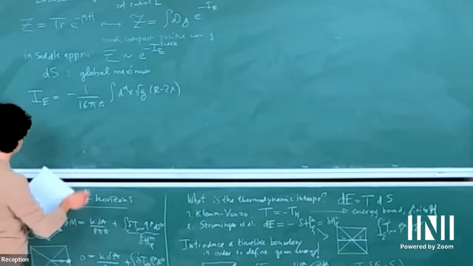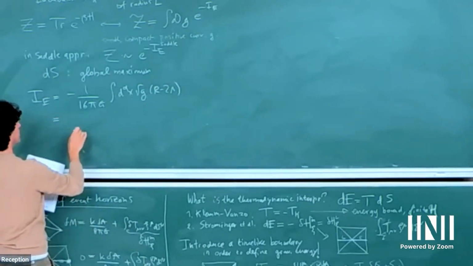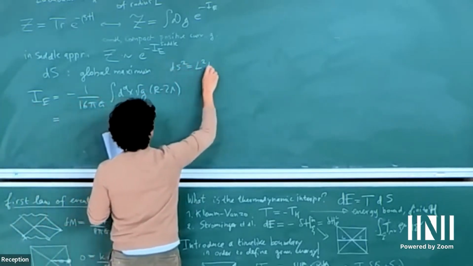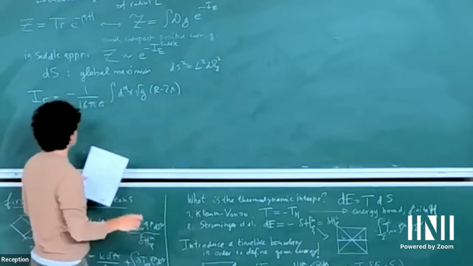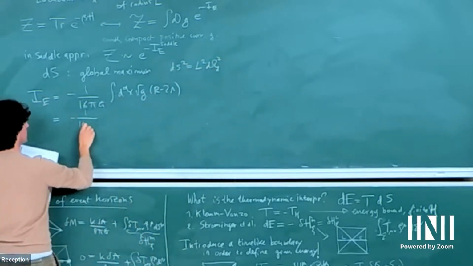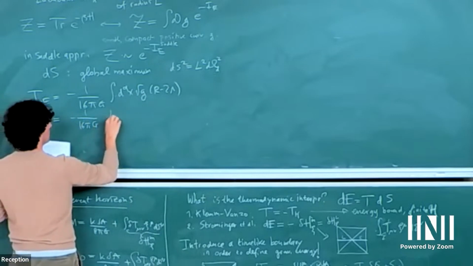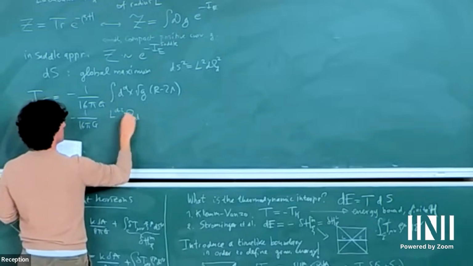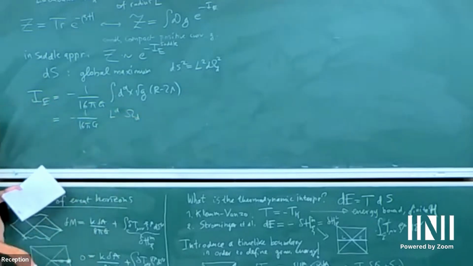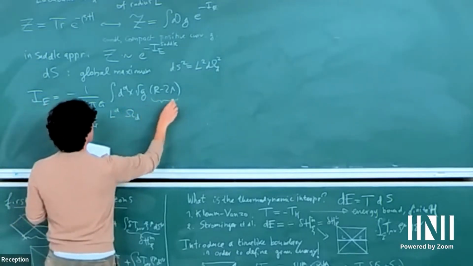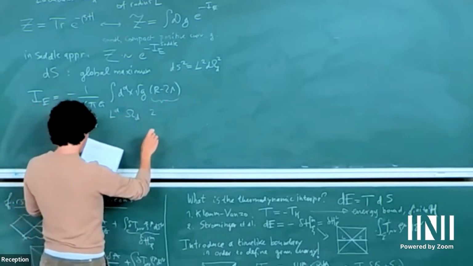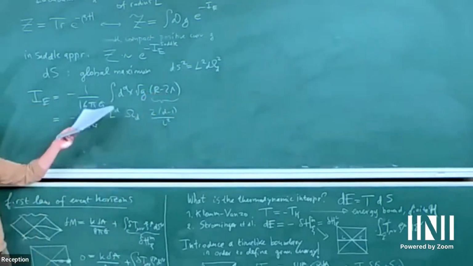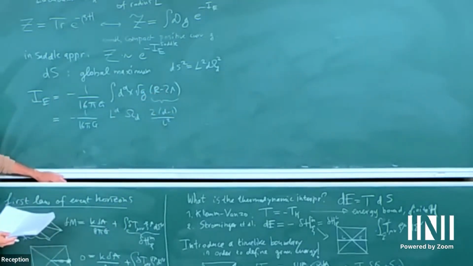The metric is just this, L to the 2 over, L to the d over d. And from this term, we get 2 over, this is just, we just have to compute the Ricci scalar.